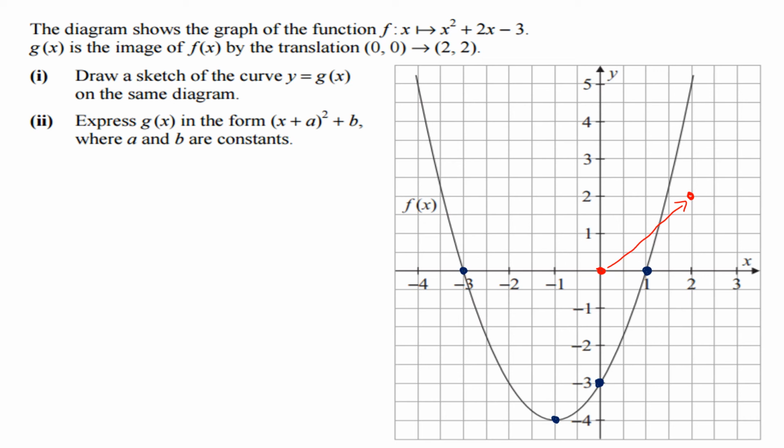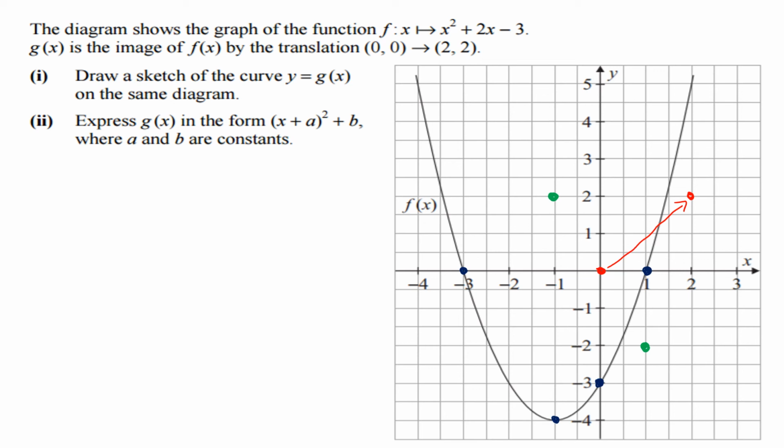So my root at -3 is going to move right 2, up 2, and it will end here. My minimum point, which is -1, -4, is going to go right 2, up 2. So here is my new minimum point.